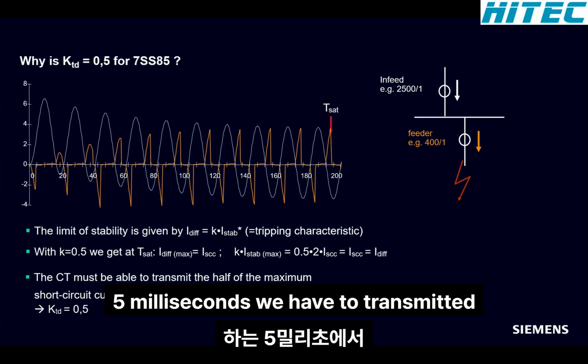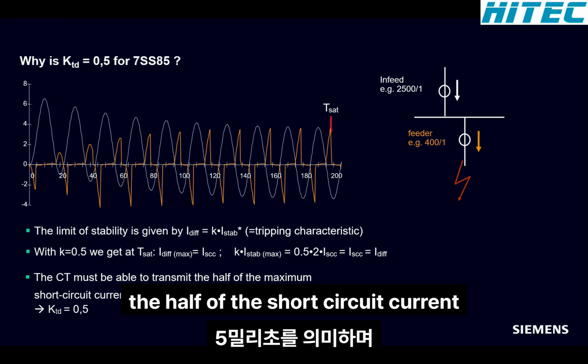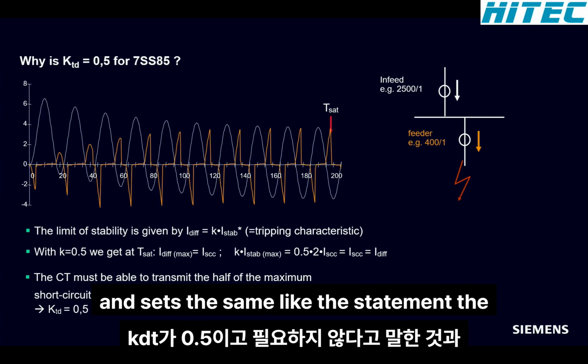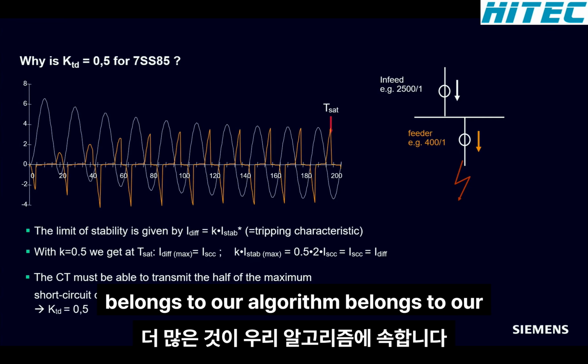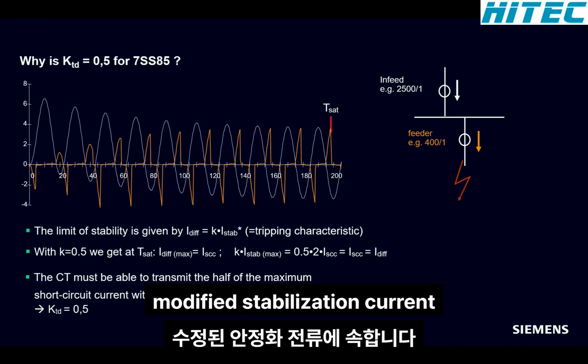At 5 milliseconds, we have transmitted half of the short circuit current. And that's the same as the statement that the KTD is 0.5. And that we don't need more belongs to our algorithm, to our modified stabilization current.